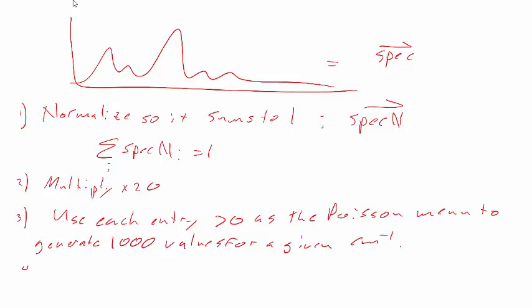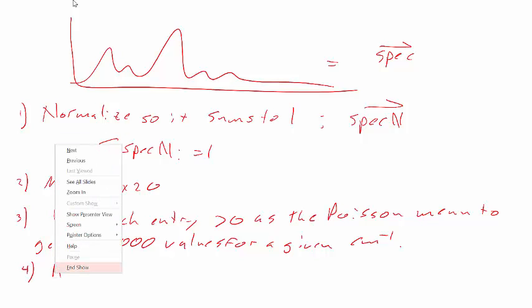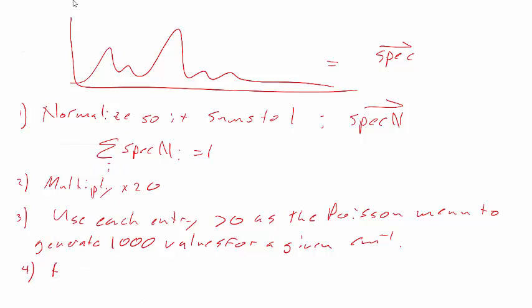Then repeat. Well, we can do it. In terms of order of operation, I don't know what's easier. But we'll go ahead and add in the normally distributed 1,000. Add to a vector of 1,000 normally distributed numbers.